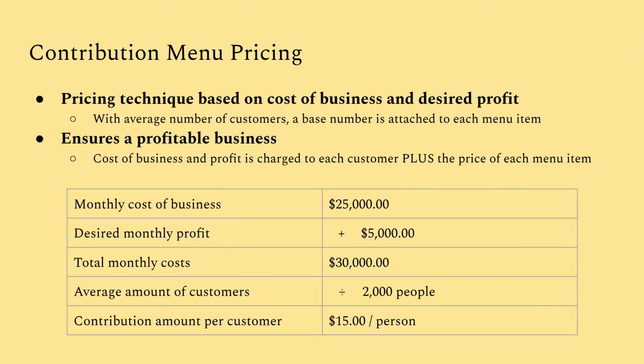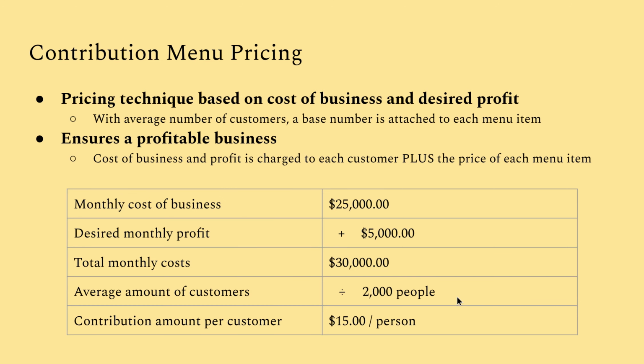So, for example, and this is always done monthly. This is how businesses are tracking their expenses. So monthly cost of business, we'll go into later what that exactly means, but let's just say per month it takes us as a business $25,000 to run. But on top of that, we want to be making at least $5,000 a month. So we see our total monthly costs as $30,000.